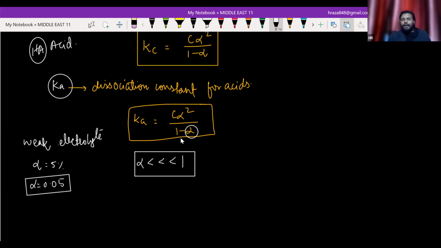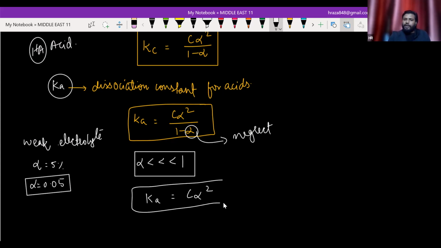If we subtract alpha from 1, and the value of alpha is very, very small, it won't affect the value of 1. So basically we neglect it, and we will get Ka equal to C alpha square. Is everyone okay with this?